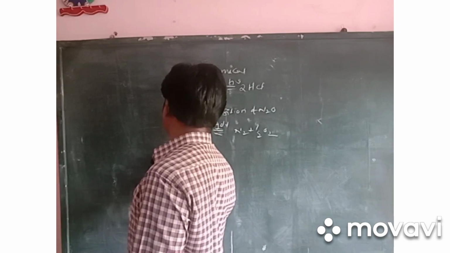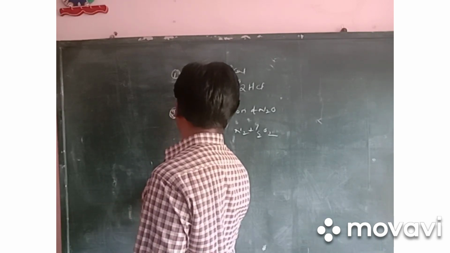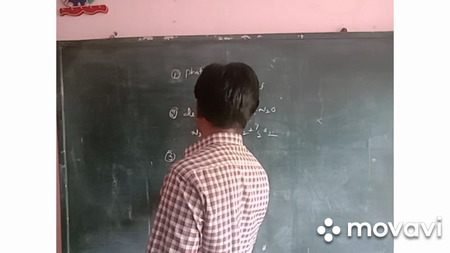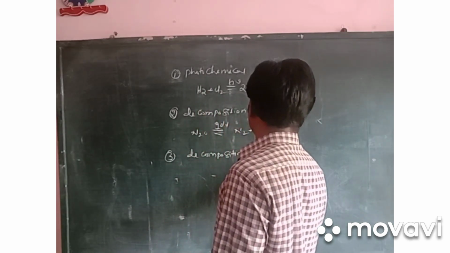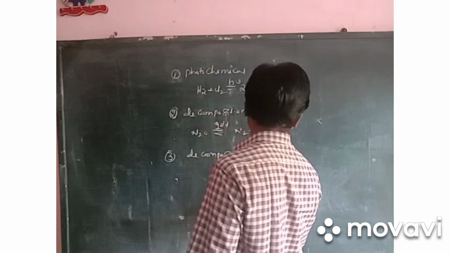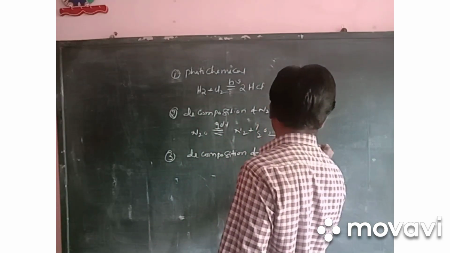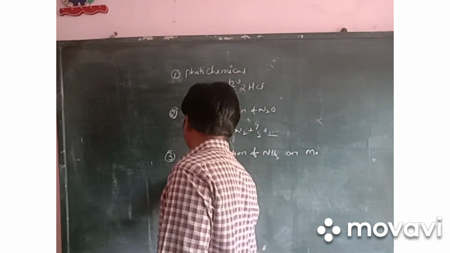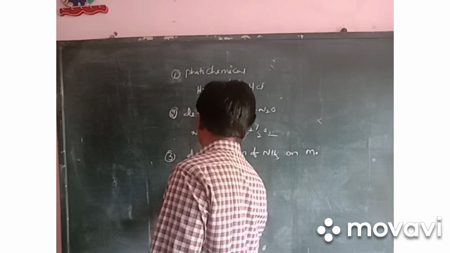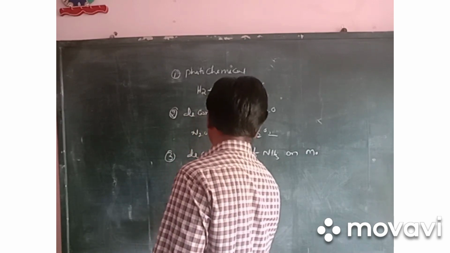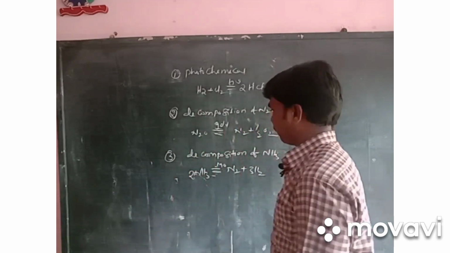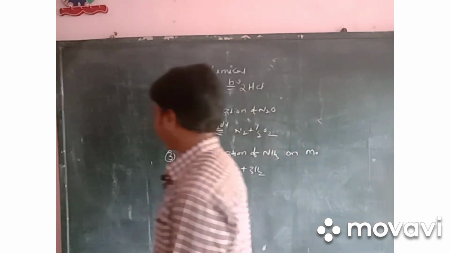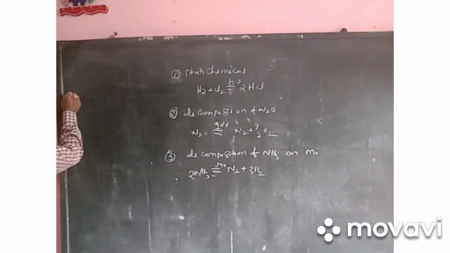So then the decomposition of ammonia. On molybdenum surface, decomposition of ammonia, 2NH3 will give N2 plus 3H2 on molybdenum surface. And one more example for the zero order reaction is iodination of acetone.